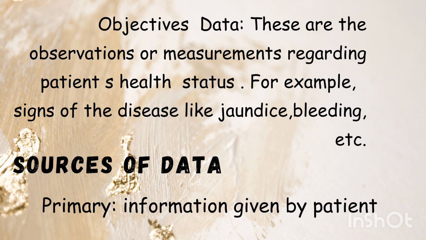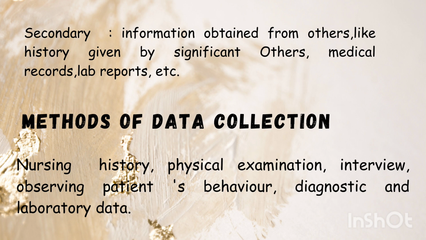Primary is information given by the patient and the secondary is information obtained from others, like history given by significant others, medical records, lab reports, etc. Next is methods of data collection. Some methods of data collection are nursing history, physical examination, interview, observing the patient's behavior, diagnostics and laboratory data.